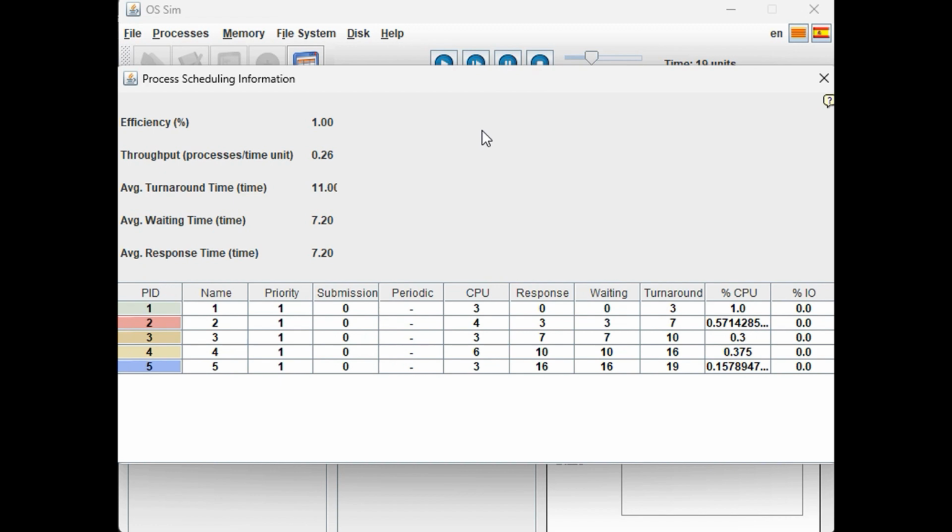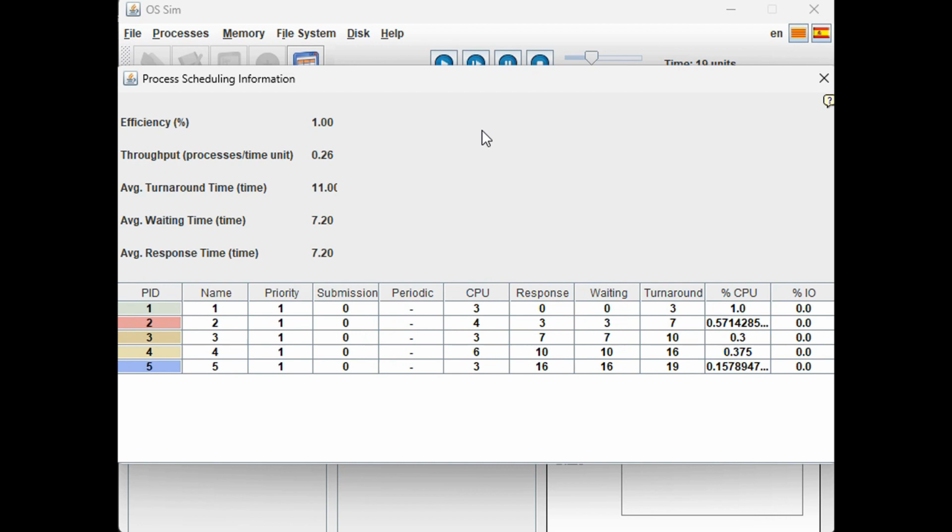In this algorithm, we have to take elements like PID, name, priorities, submission order, and time, and in the CPU it is a default order.